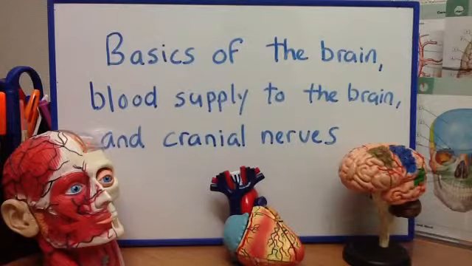Number 67. Important points regarding the vertebral arteries. First, they are the first branches of the subclavian arteries, and they ascend in the transverse foramen of how many cervical vertebrae? 6, the first 6 cervical vertebrae.